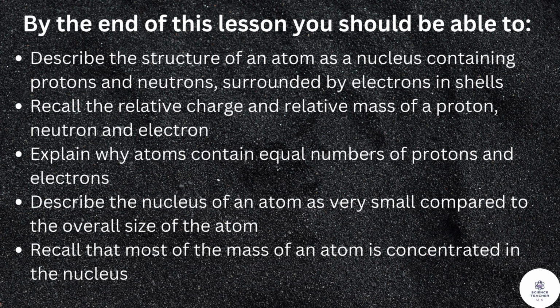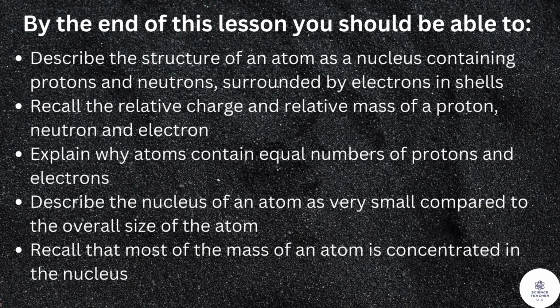So that's the information in the table showing how those things compare with one another. You need to be able to explain why atoms contain equal numbers of protons and electrons by referring to their charges and saying how, because the number of them is the same, the charges will cancel. You then need to be able to describe the nucleus of an atom as being very small compared to the overall size of the atom.